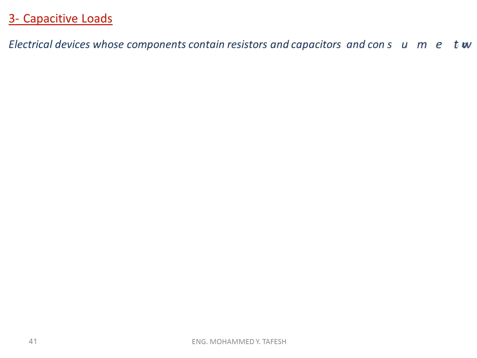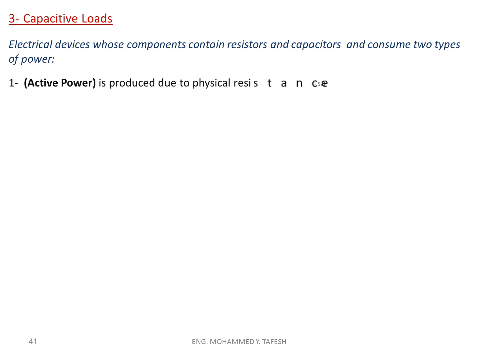Capacitive loads. They are electrical devices whose components contain resistors and capacitors and consume two types of power. Active power is produced due to physical resistance, as in cables, measured by kilowatt.